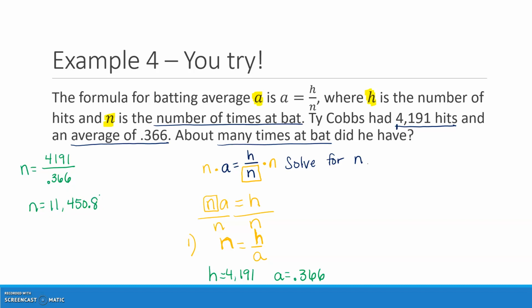But you can't really have 0.8 of a time at bat. Because we need a whole number in this case, I'm going to round that up and say 11,451. So we would say Ty Cobbs had 11,451 times at bat.